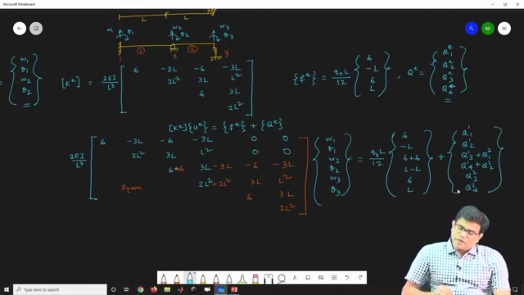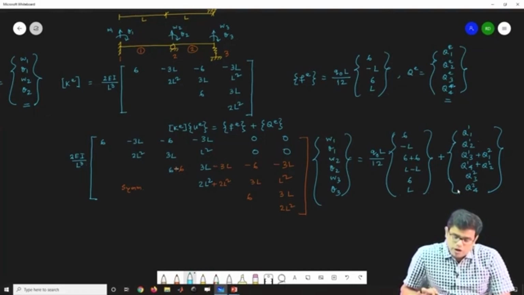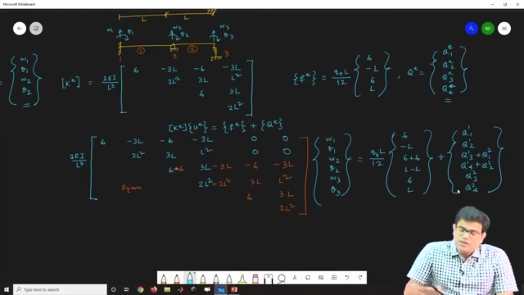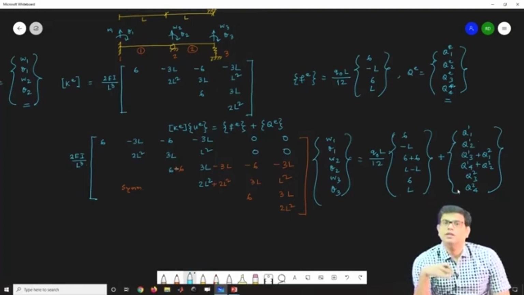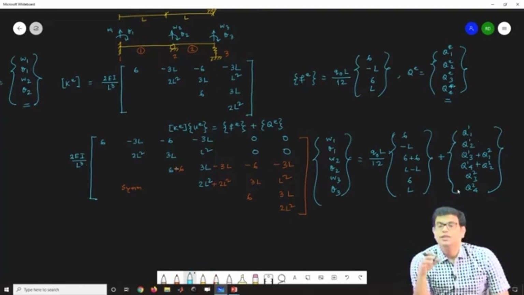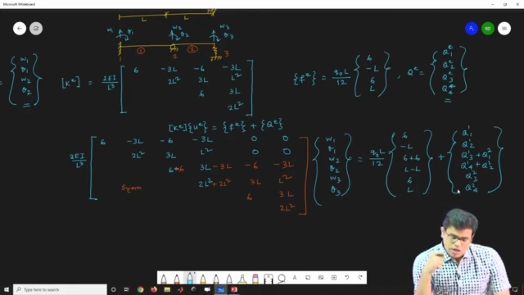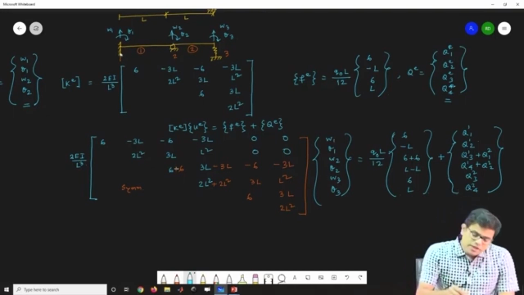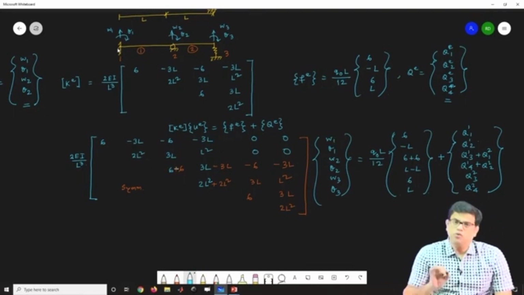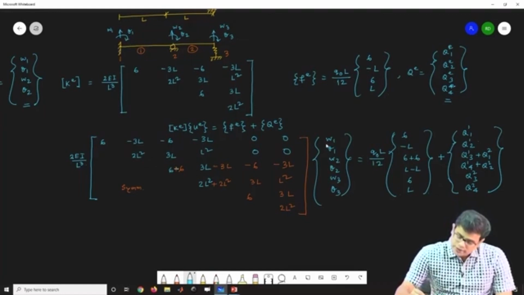Now if you look carefully from the problem, which degrees of freedom are known to me and which are unknown. And similarly, for the degrees of freedom which are known to me, I don't know the reactive forces or reactive moments, that is the generalized forces. So now this end is a fixed end, so W1 is 0 and theta 1 is 0.